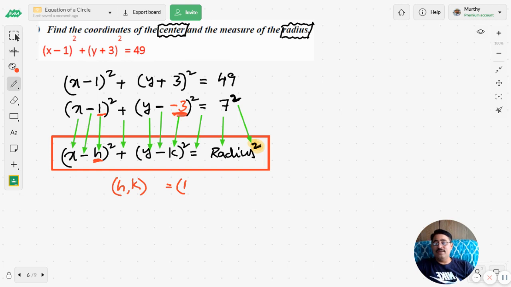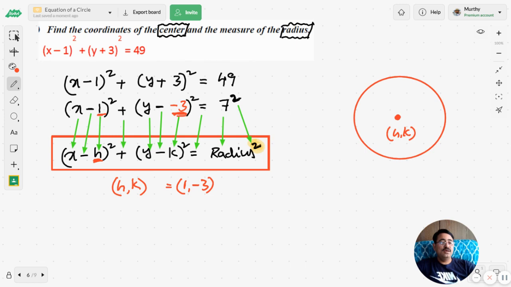It's not 3, it is negative 3. Therefore the h and k values are copied. Earlier we discussed that if there is a circle, the center is taken as (h, k). Therefore let me write that center (h, k) equals (1, negative 3). So I'm done with this first part.